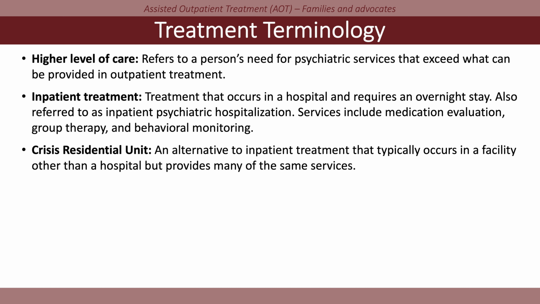And often that becomes the biggest determination of which is more appropriate. Somebody who can't realistically be counted on to not just wander off from the crisis residential unit is probably better served in an inpatient treatment.